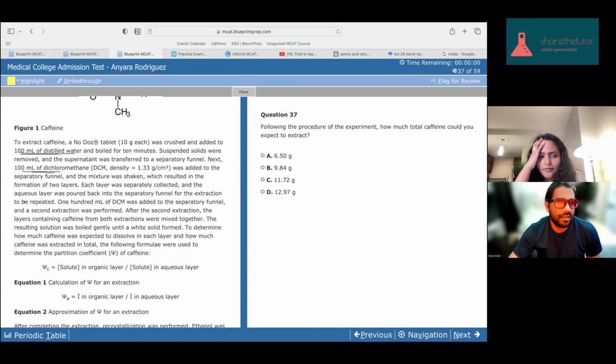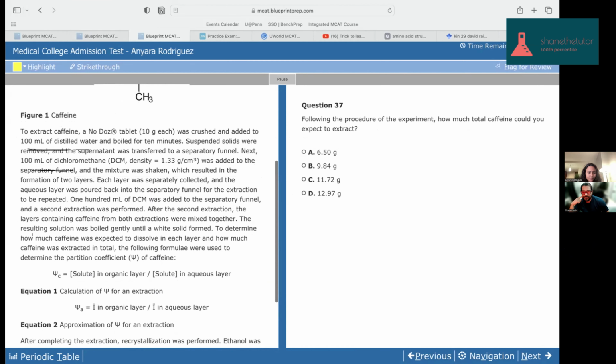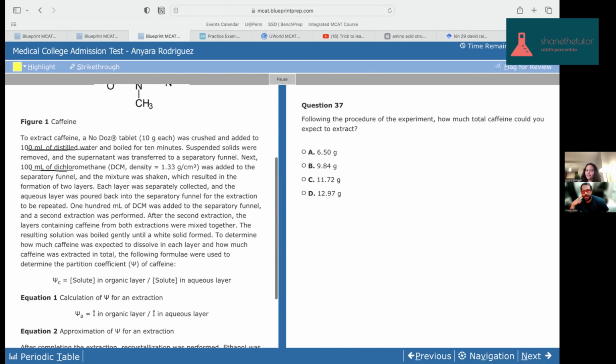And they do another extraction, but that second extraction is still using 100 ml of each, right? So go with the 100 ml value, and let's go from there.